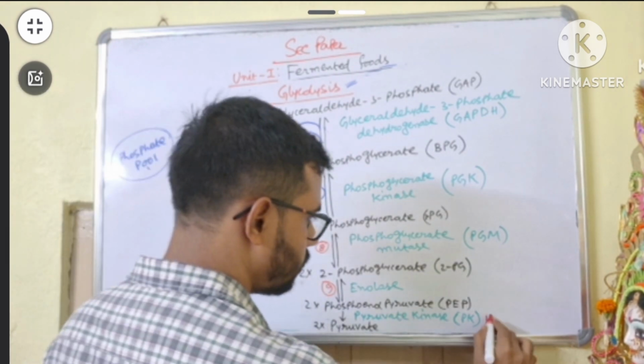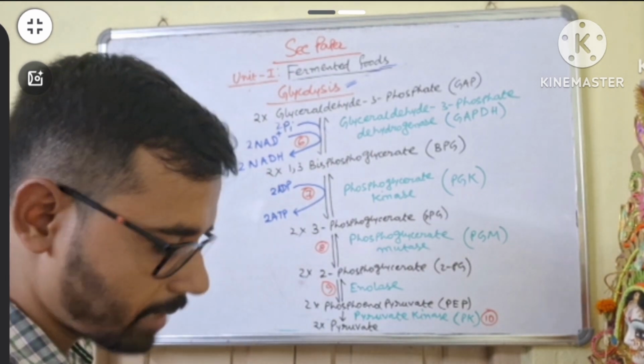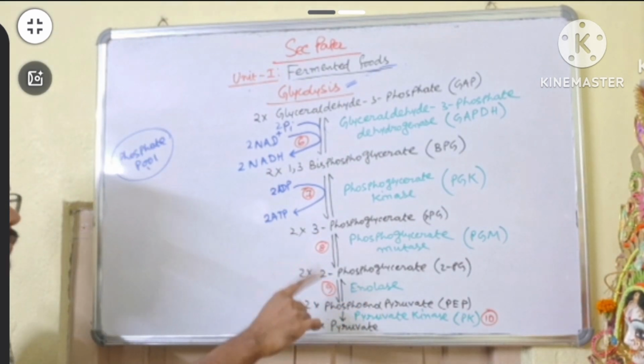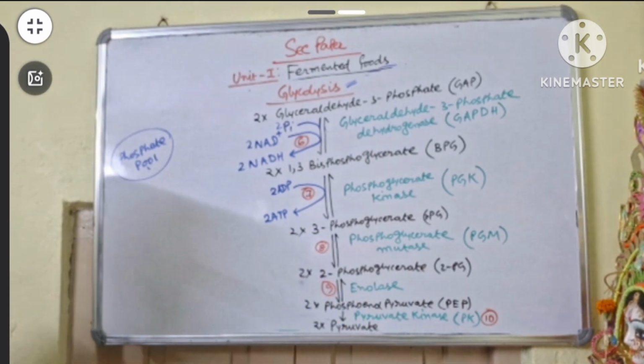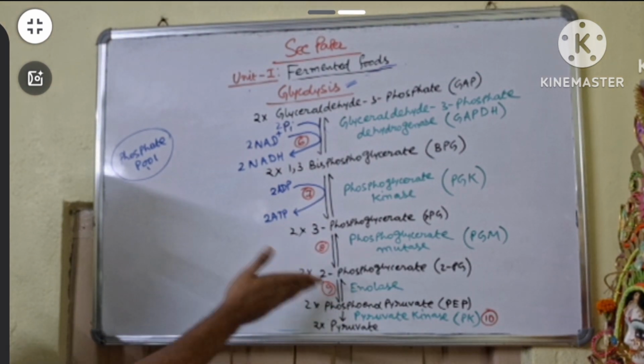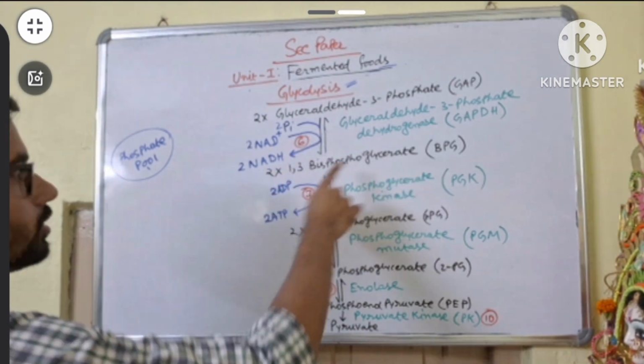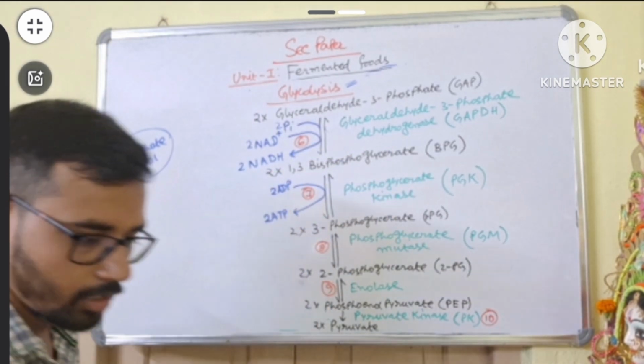That is reaction 10. Now see the substrate and product. In the substrate, there is a phosphoenol, that means a phosphate group is there. But the product, pyruvate, has no phosphate. So the phosphate is eliminated from the substrate and enters ADP to form ATP, the same as in reaction number 7.